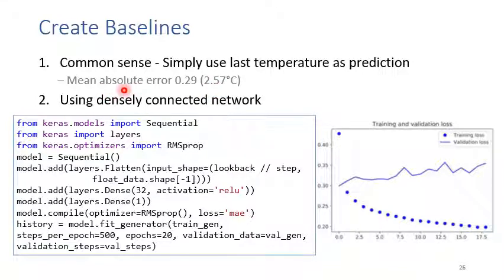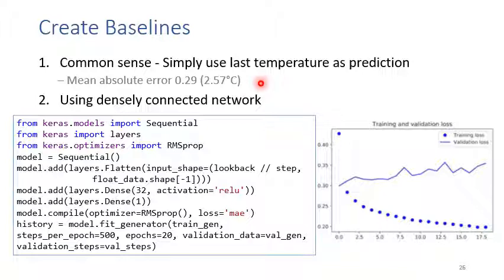It has a mean absolute error of 0.29, which is equal to around 2.57 degrees. So if you just use today's temperature in Jena to predict tomorrow's temperature, you will only get around a 2.57 difference, which is acceptable for most people, I think.